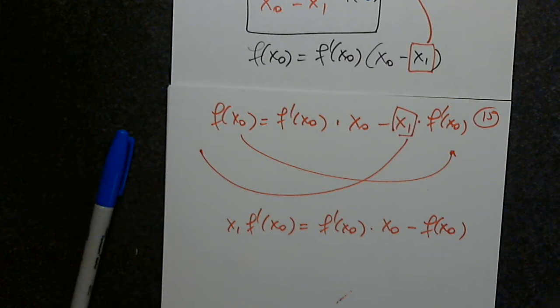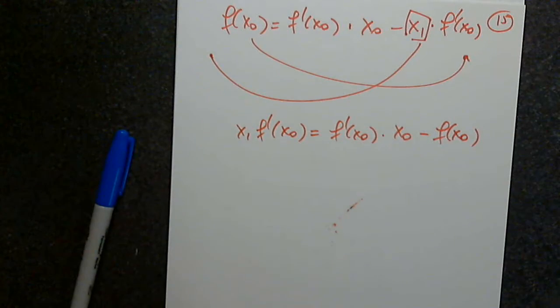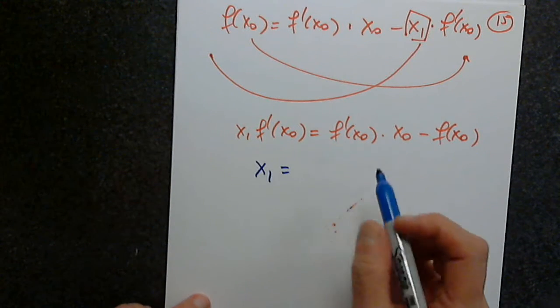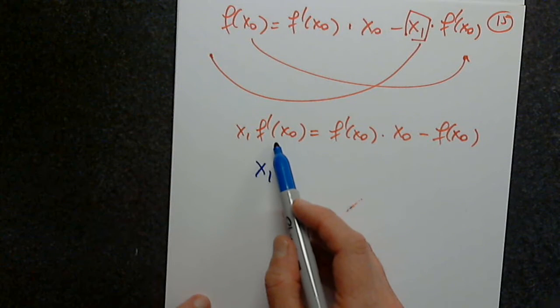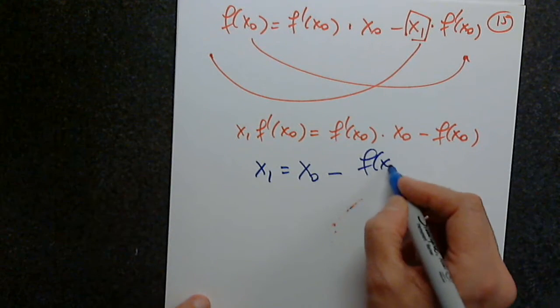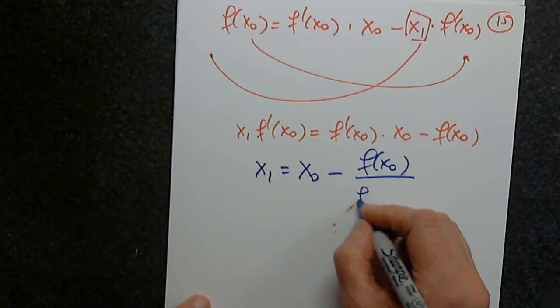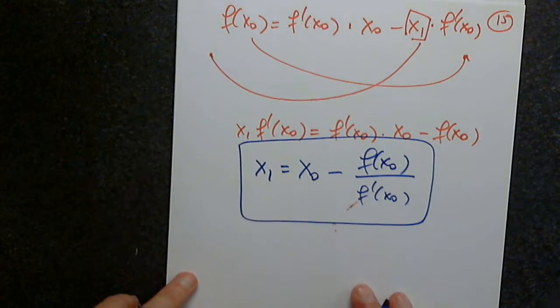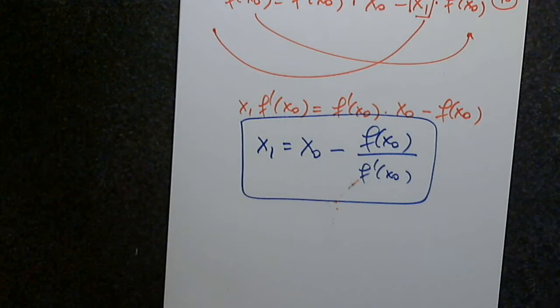Because this is what I'm after, I moved it to the other side, and of course I had to move f of x0 to the right. In order to solve for x1, I have to get rid of this. So x1 equals f prime of x0 over f prime of x0 times x0 minus f of x0 over f prime of x0. This is close, not finished.